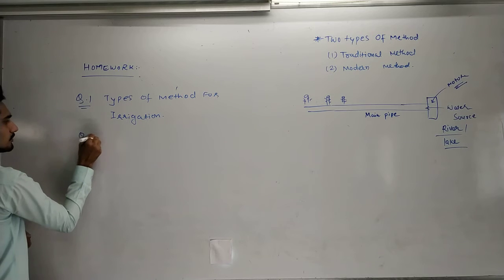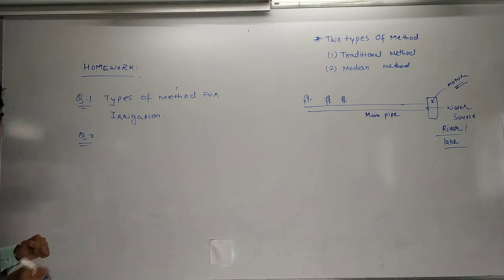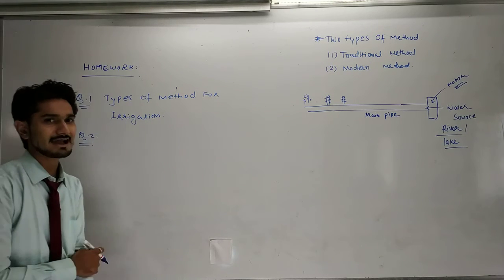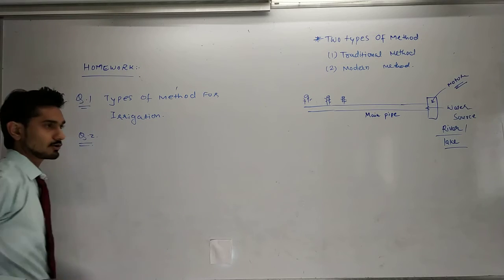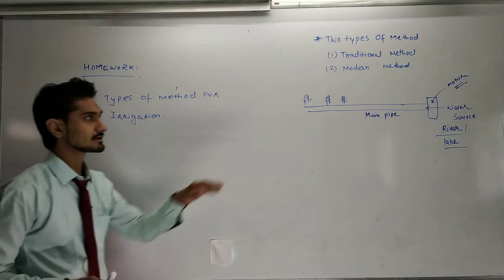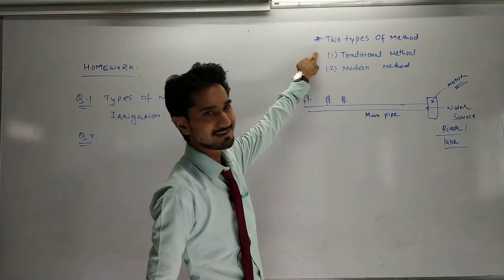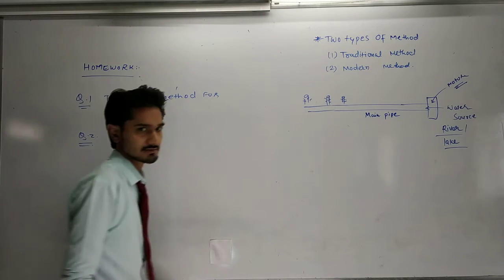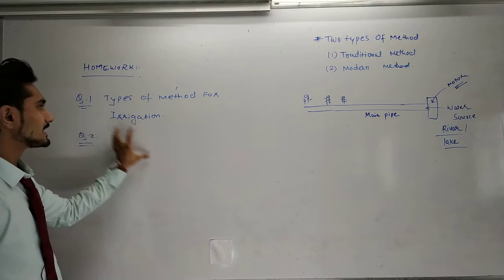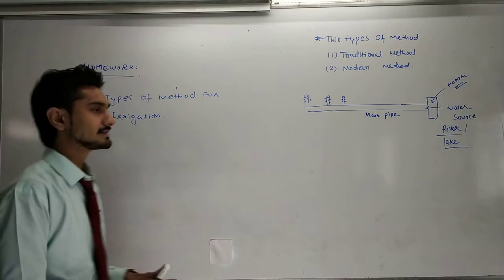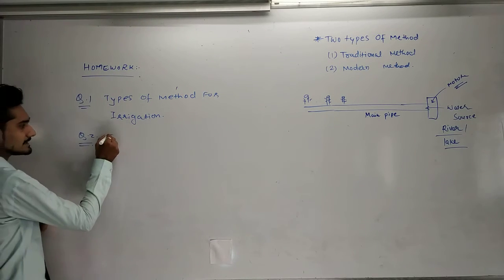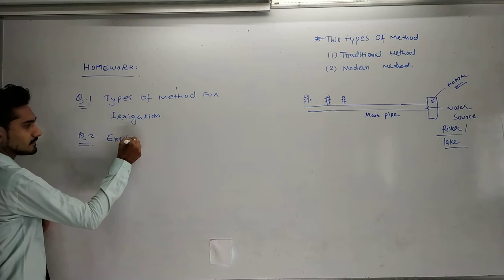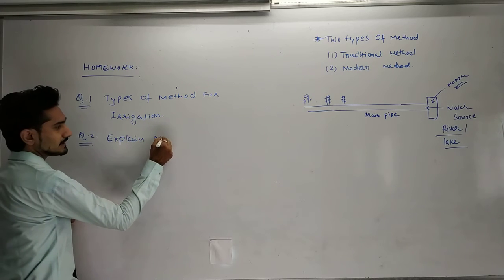Question number 2. Now you have to explain both types of methods in this question. You have to write that there are two types of methods, traditional method and modern method. You only have to write the names of the methods in that topic. Afterwards, explain the modern method.